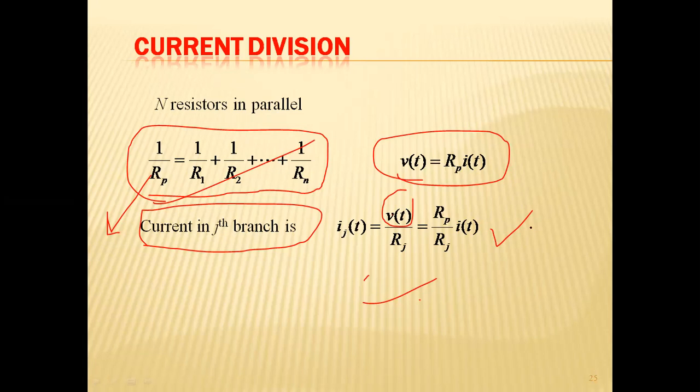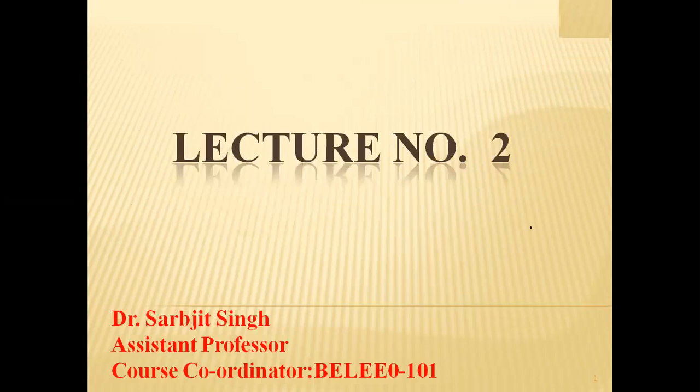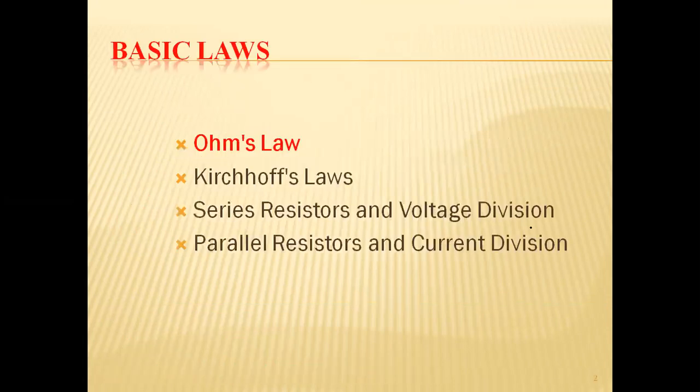Let me briefly go over what we have covered in today's lecture. We have covered Ohm's law and Kirchhoff's laws, which are the basic laws. Kirchhoff's laws are two: Kirchhoff's current law and Kirchhoff's voltage law. So Ohm's law, Kirchhoff's current law, and Kirchhoff's voltage law are the basic laws.